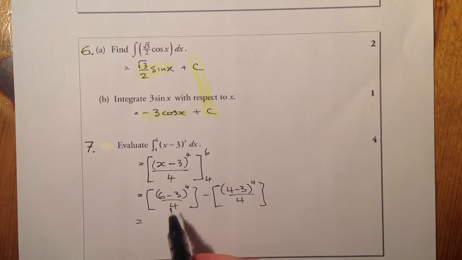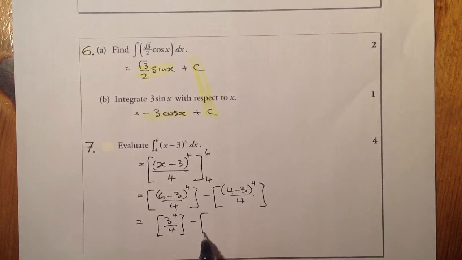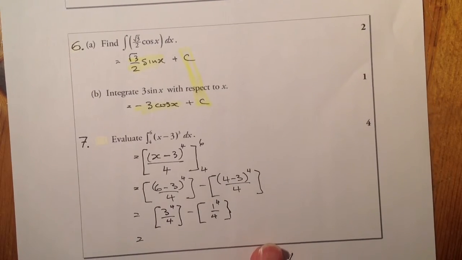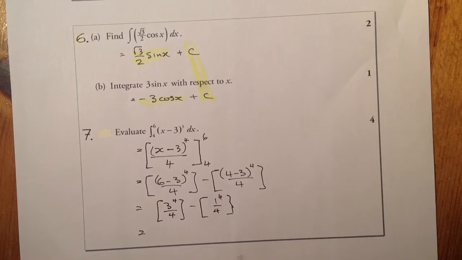So we've got 3 to the power of 4 all over 4, and from here 1 to the power of 4 all over 4. If we simplify that, 3 to the power of 4 is 81 over 4. Subtracting 1/4 gives me 80 over 4, and that simplifies down to 20.